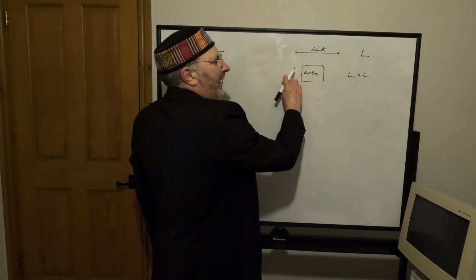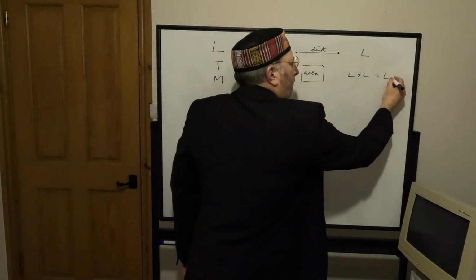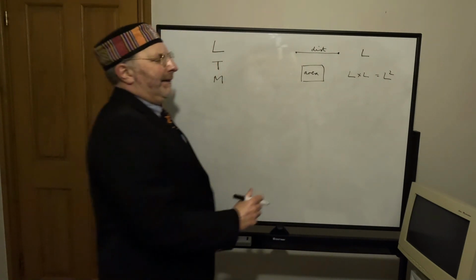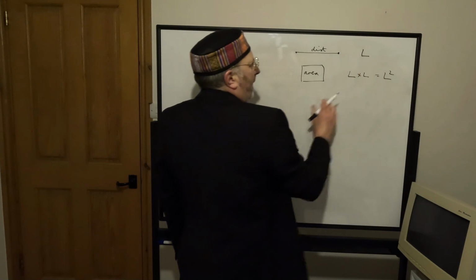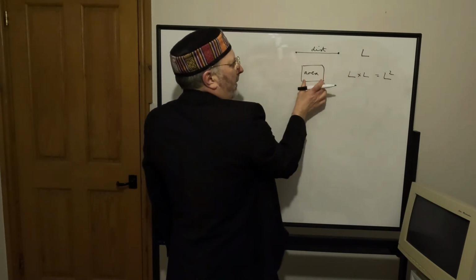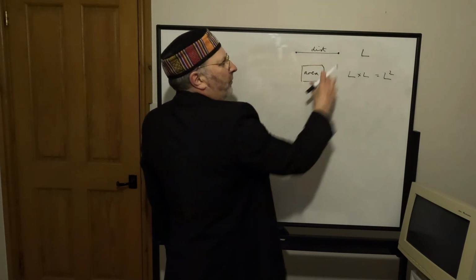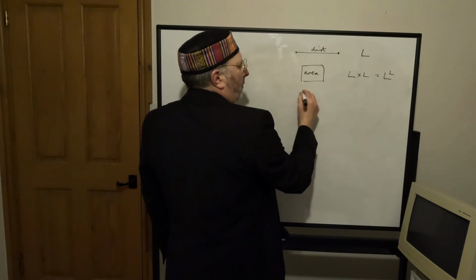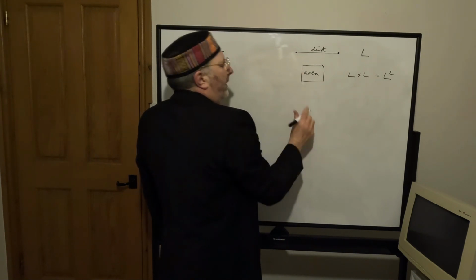That length multiplied by that length gives you the area. So area has the dimensions of L times L, or in other words, L squared. And of course, that's why we call it L squared, because taking a variable and multiplying it by itself gives you an area, gives you a kind of a square, because it's equal on both sides.